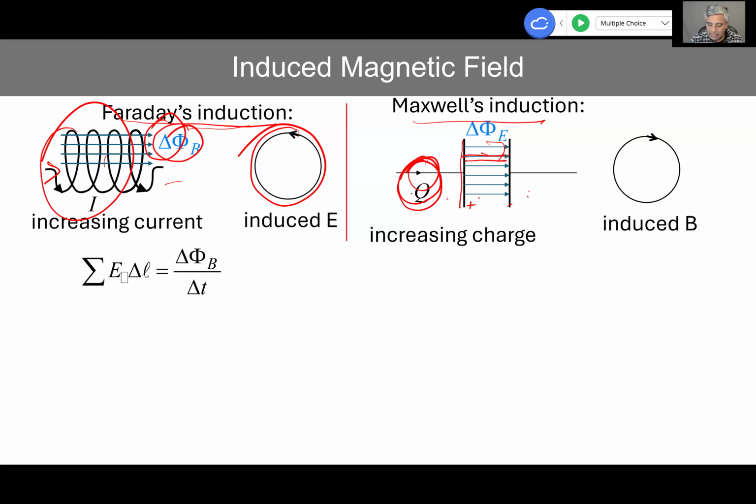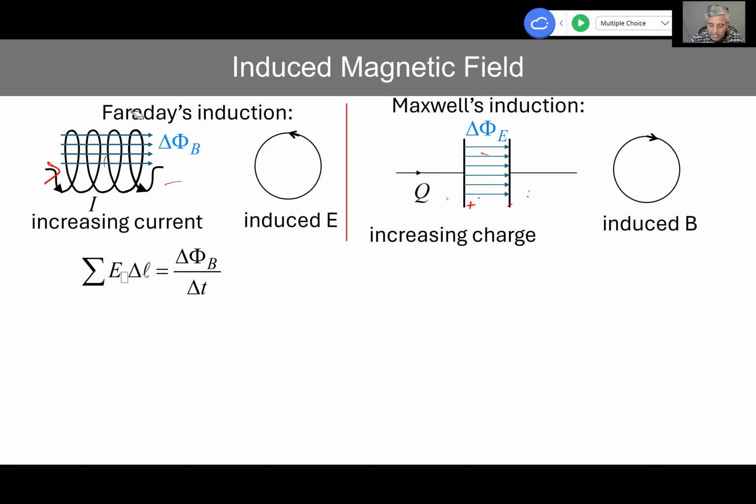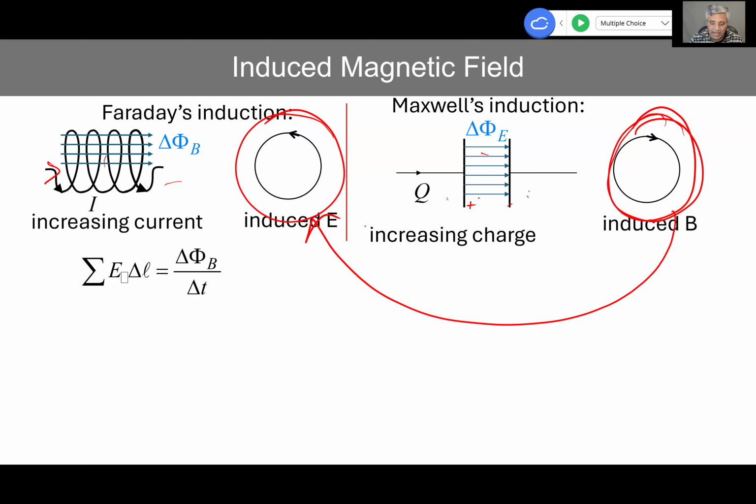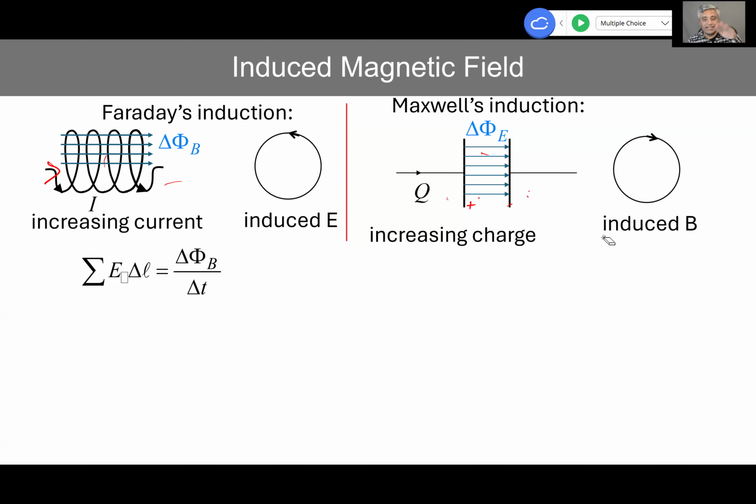Similarly, changing charge can also induce the magnetic field. So even after the charge is not there, the changing electric field can induce a changing magnetic field, and the changing magnetic field can induce the electric field back. That way we get oscillating magnetic and electric fields, and for them to oscillate, we don't need any source.